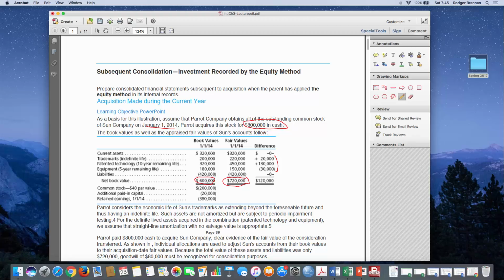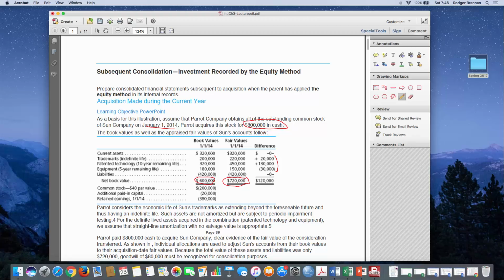So of that $800,000 cash, they're paying for not only the book value, the original cost to Sun less its depreciation, but they're also paying for these at their fair market value, which again is sort of a rational decision made on the part of both parties.